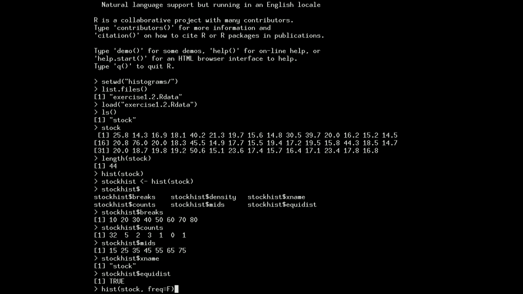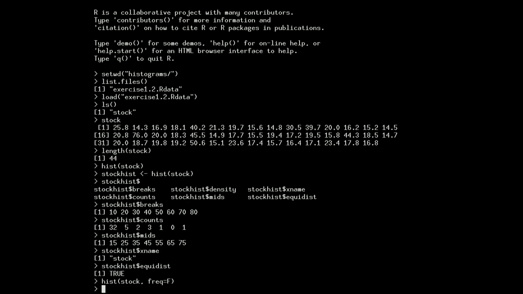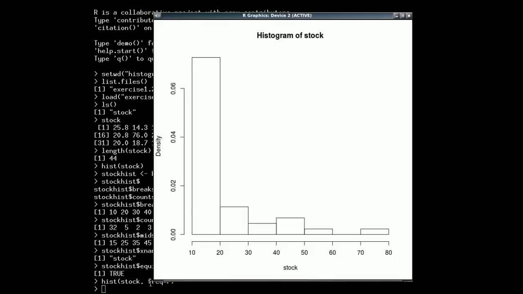So freq equal F tells us that we do not want a frequency histogram, we want a relative frequency histogram, and so the picture that it draws is this. So notice that the picture is pretty much the same. Our bins are staying the same, same shape for everything, but the vertical column is now a density. It's not a frequency, it's going to be a density.